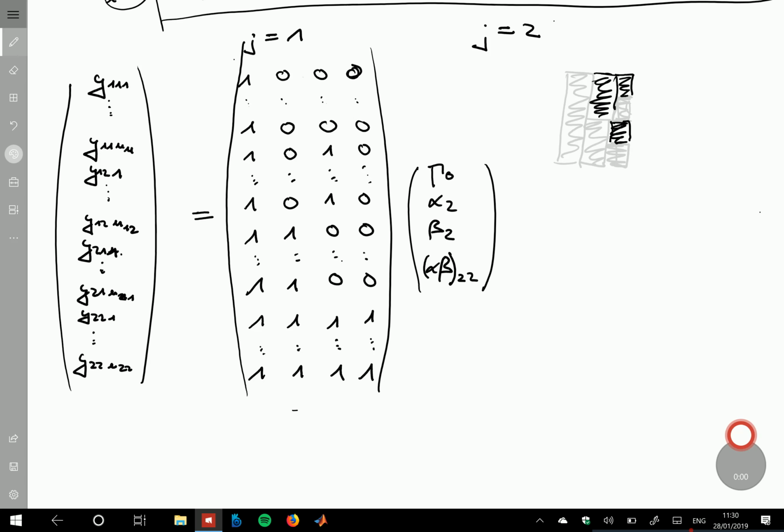So you multiply 0 times 0, then you get 0. 0 times 1, then you get 0. 1 times 0, then you get 0. And 1 times 1, then you get 1. So you only have ones down here. That is something that you read sometimes, that you form the interaction by multiplying the columns of the design matrix.